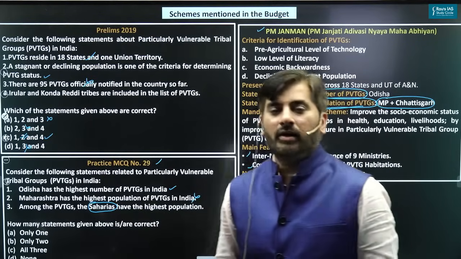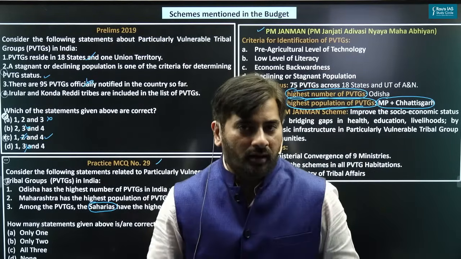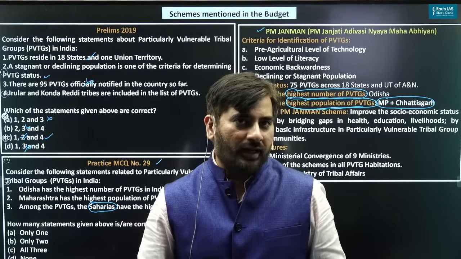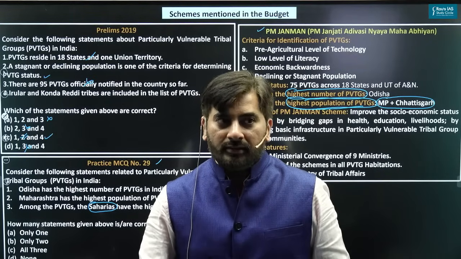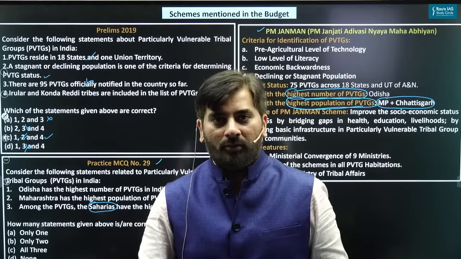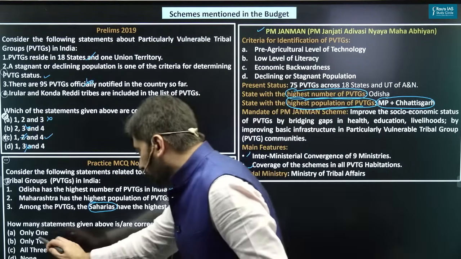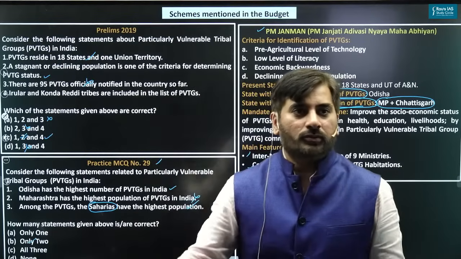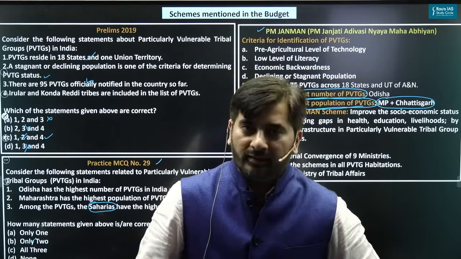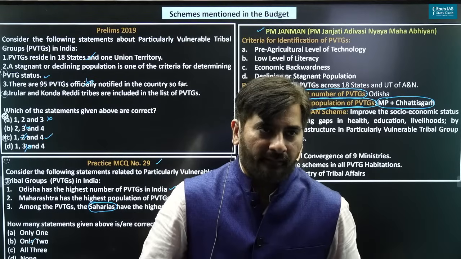Yes, please remember, Saharias are PVTGs in the state of MP and Chhattisgarh, and they have the largest population among all the PVTGs. So the right answer in this particular case is only 2. That is how you can get the right answer.